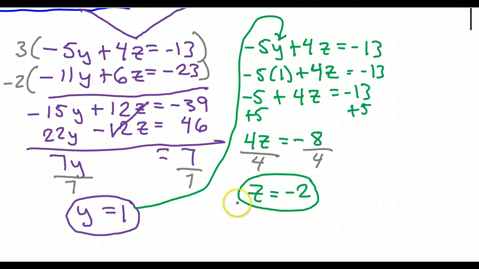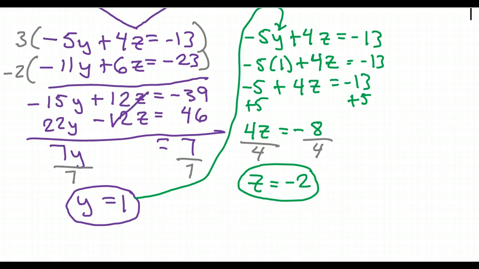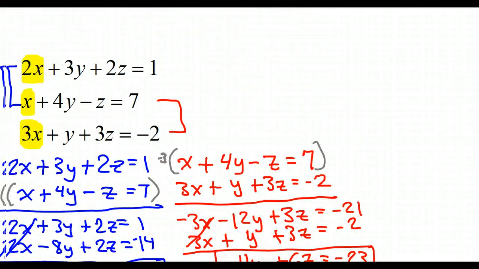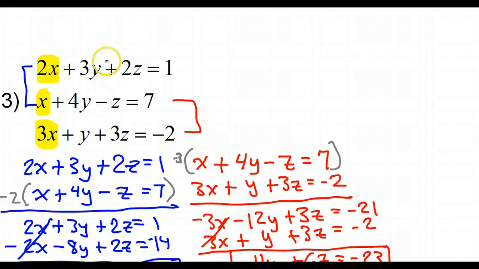Alright, so now I have 2 out of the 3 variables I need. I have y and I have z. I still need x. So what you do is you take both of these values and you plug them back into one of the original 3 equations. Either one of these that you want. I think I'll just use the top equation.